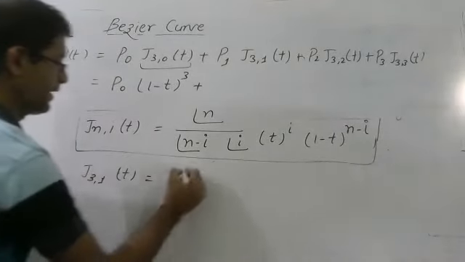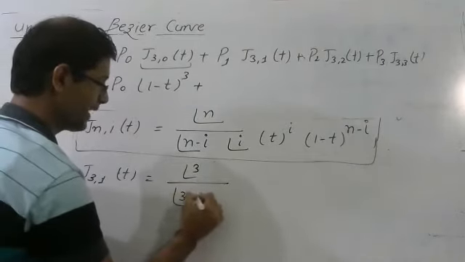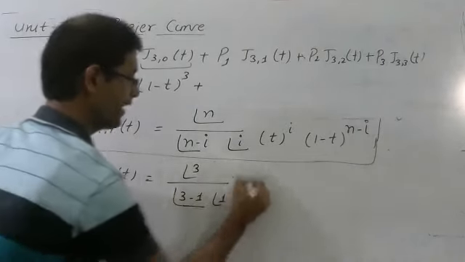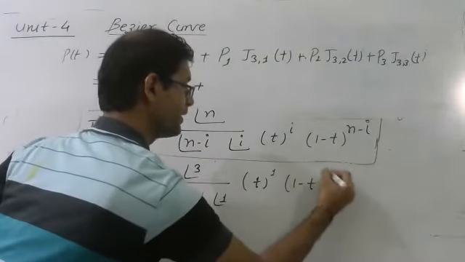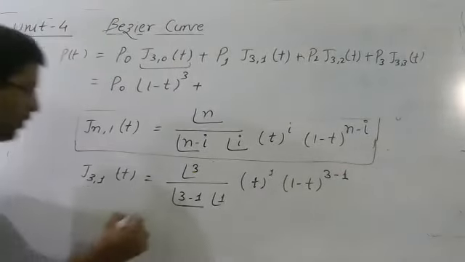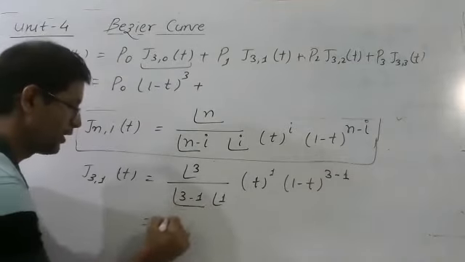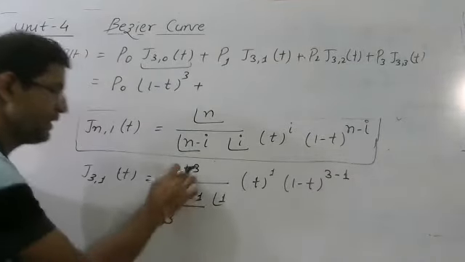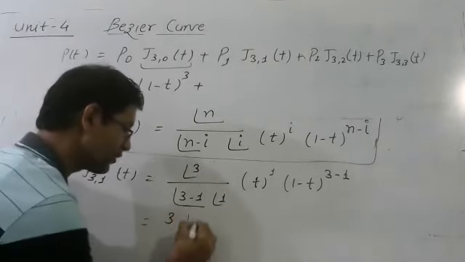In this case, it will become factorial 3 minus 1, factorial 1, t to the power 1, (1 minus t), n is 3, i is 1. Now, 3 minus 1 will become 2. I can write this factorial 3 like this, 3 into factorial 2.